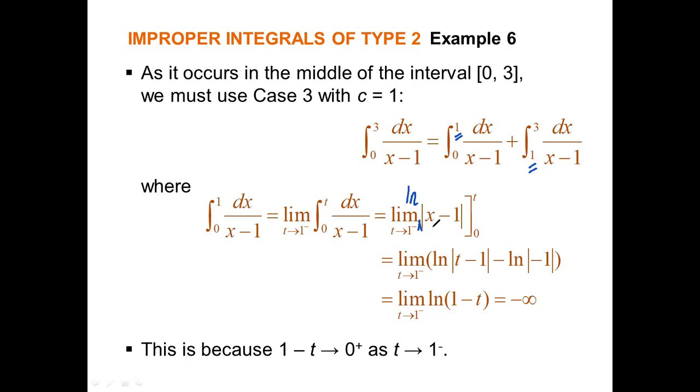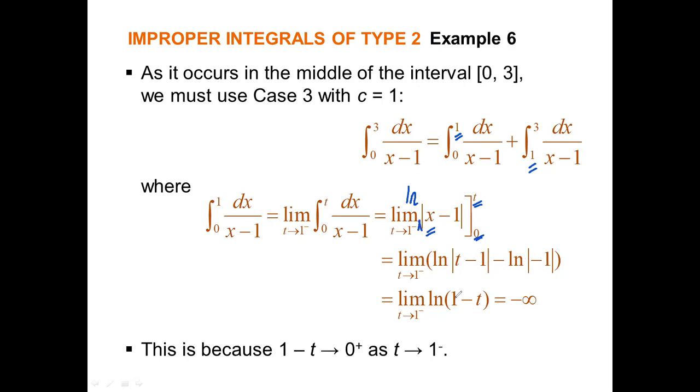Now, we change this x to t and 0. Upper limit is t, lower limit is 0. So, the limit of the ln of t minus 1 minus the ln of 0 minus 1, which is minus 1. Okay?